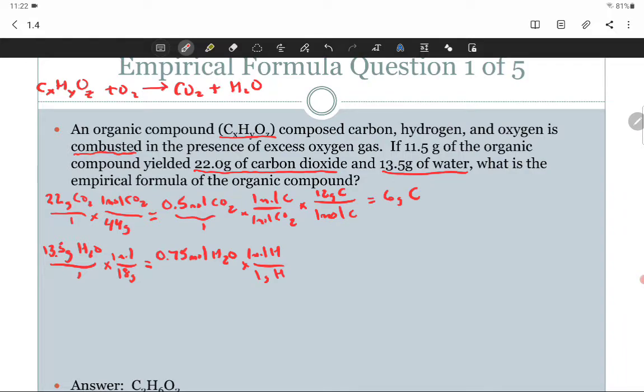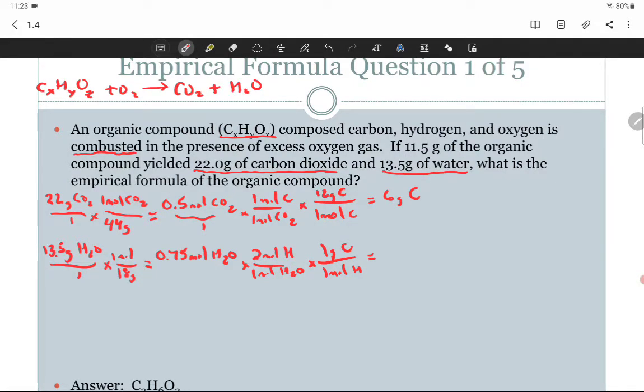Whoops, I got ahead of myself. Grams and moles don't cancel. But yeah, we definitely got ahead of ourselves there. So in 1 mole of water, there are 2 moles of hydrogen. And then in 1 mole of hydrogen, there is 1 gram of hydrogen.